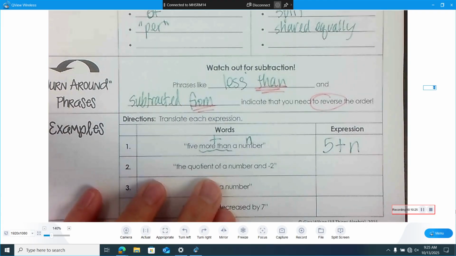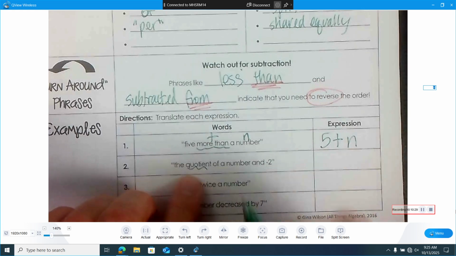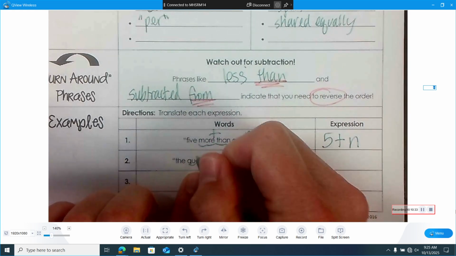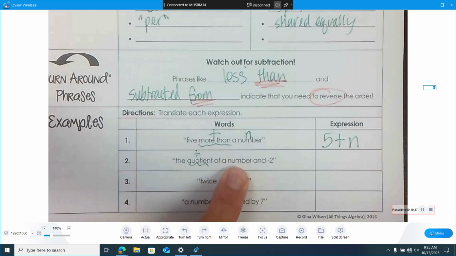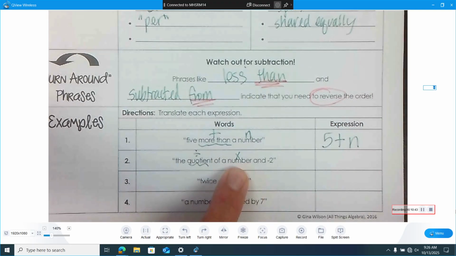The quotient of a number and -2. What's a quotient? What operation is that? Division. Yeah, division. The quotient of a number. Do we know what the number is? No, what can we call it? N or X or Y? We can call it anything we want. I'm going to call it X this time. And -2.